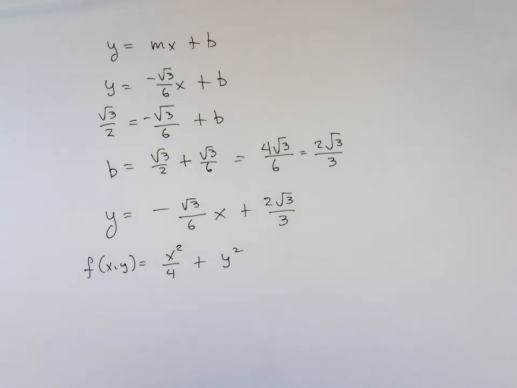The problem is to find the equation of a tangent plane to this surface at a given point. And to find the equation of a tangent plane to a surface at a given point, we need 2 pieces of information. We need a normal vector. That's how we defined planes, right? Remember, we had a normal and a point. And given a normal and a point, we could write the equation of the plane.